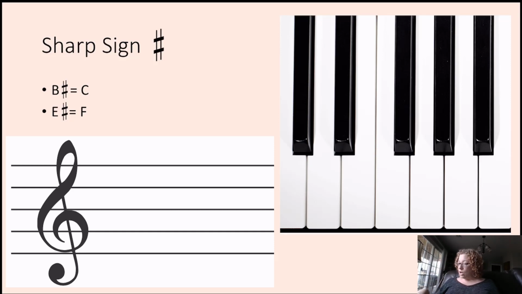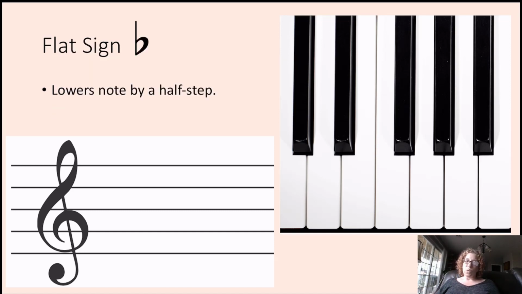Okay, so let's go over to the flat sign, which of course lowers a note by a half step. So let's say I want to take A and go down a half step to this note here. Simple enough, it's going to be an A flat, right? How about D?